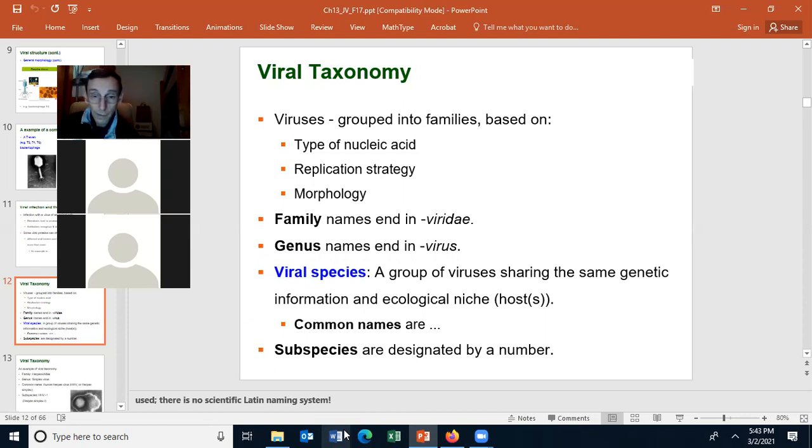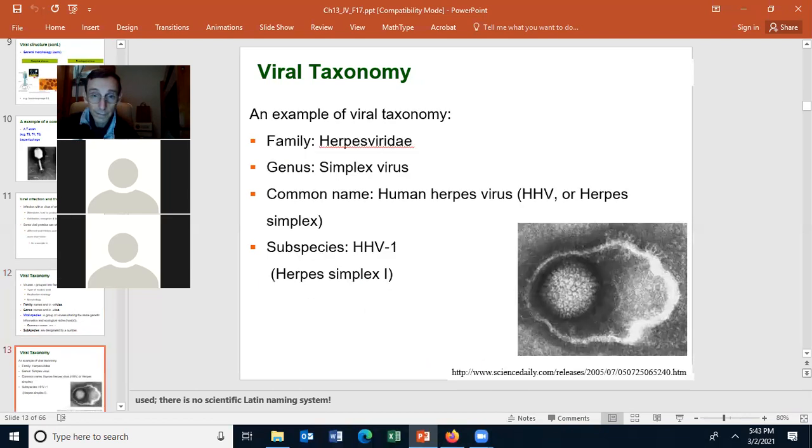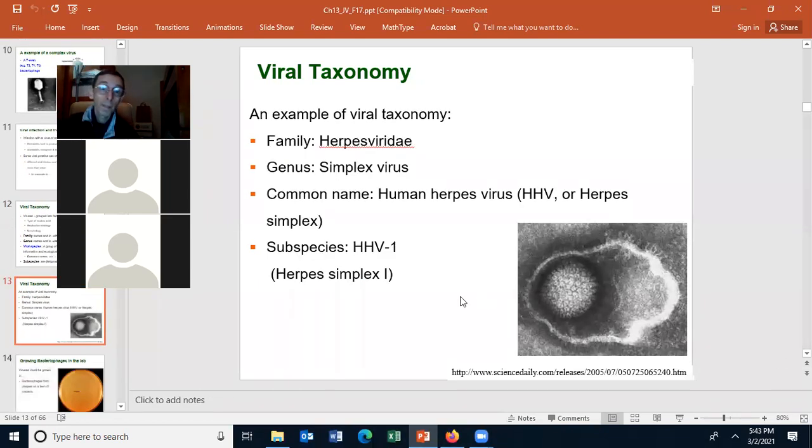So we give the viral species name and then give it a number for the subspecies. Let's give an example. A viral taxonomy: the family is the herpes viruses, Herpesviridae. The genus name would be herpes simplex virus, usually just called simplex virus.